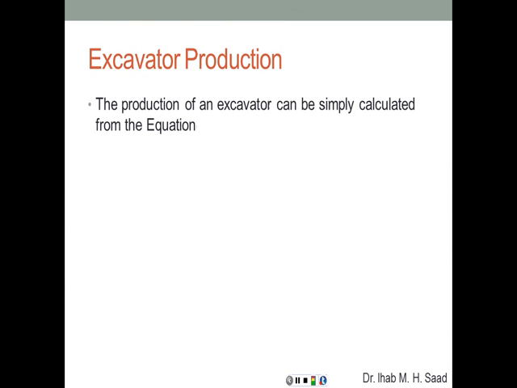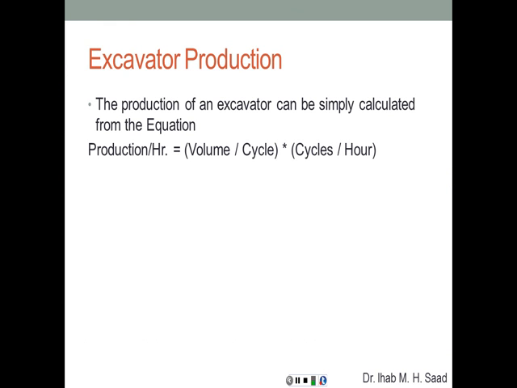The generic equation for an excavator is estimated through the equation: production per hour is equal to the volume per cycle times the number of cycles per hour. Volume per cycle is going to be affected primarily by the bucket size and some additional factors, as we're going to see, like the fill factor and the load factor and so on. Cycles per hour determine how many cycles we can achieve.